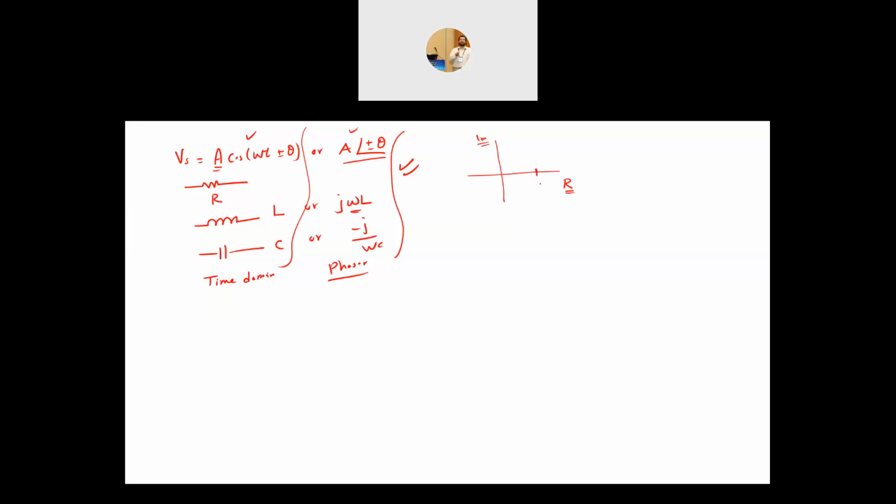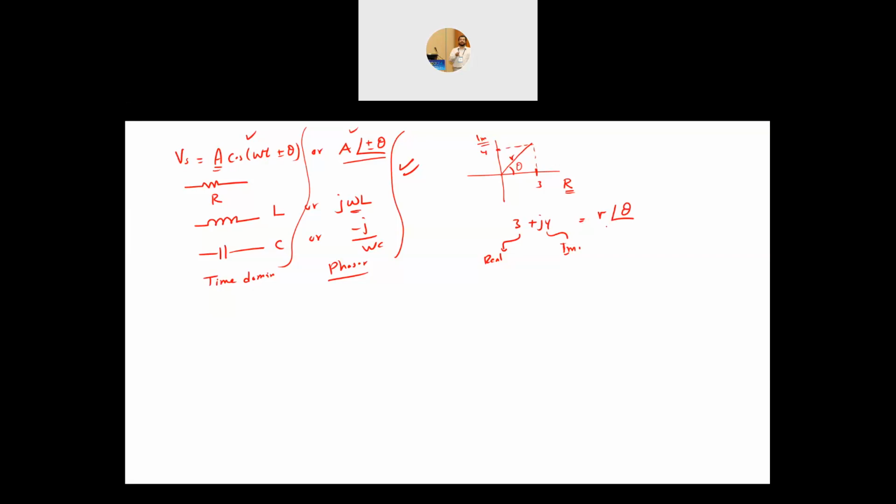If you have a number, let's say 3 and 4, this is basically 3 plus j4. This is the real, and this is the imaginary. Now what you do here is find the magnitude and the angle. This will be equal to the magnitude R and the angle theta.